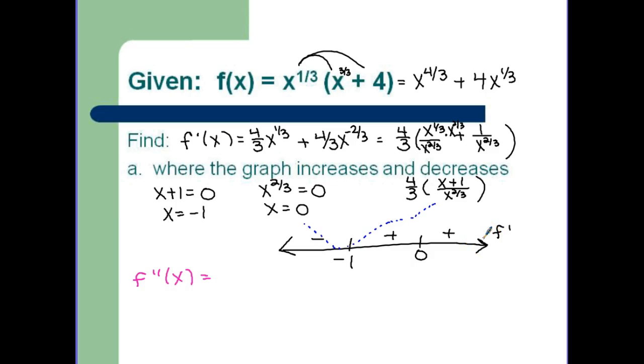Alright, let's take our second derivative. You have 2 choices. You could distribute the 4/3, or you could keep it out in front. What do you want to do with it? If you keep it out in front, it creates a product rule, even though the second part of the product rule is going to automatically be 0. So product rule's easy.